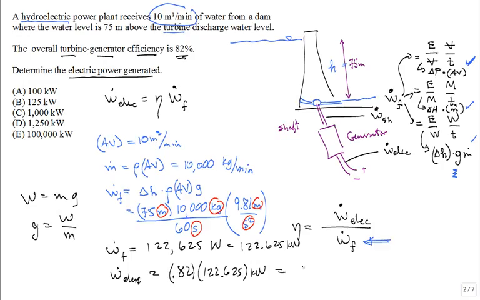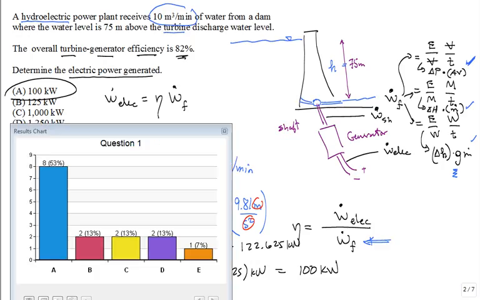Right at 100 kilowatts. So what's the best answer? How many people were able to get that one? Pretty good. Did you use a different thought process, a different way of navigating the algebra to calculate it? You did pretty good.